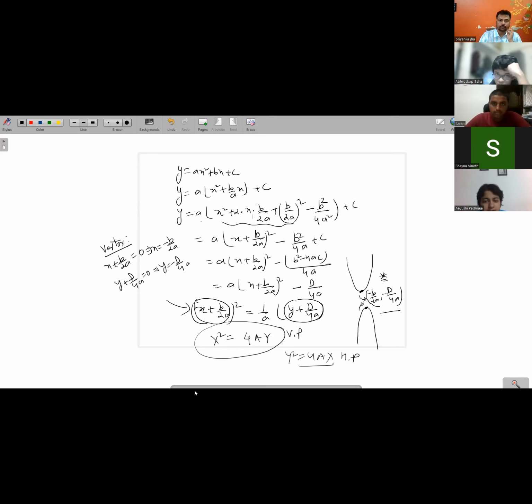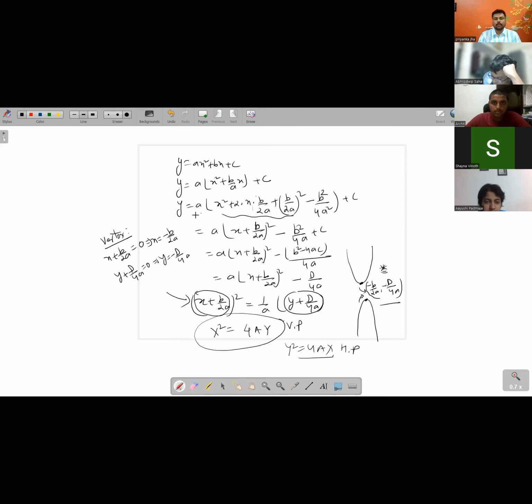Sir, I didn't understand the third step. This thing? Yes, sir. I just made a perfect square. Do you know how to make a perfect square? Suppose you have x square plus 5x plus 4, and I want to make it a perfect square. So how do you write? a square plus 2ab.